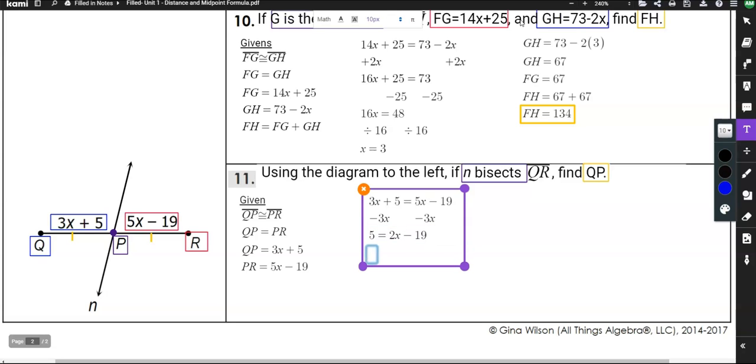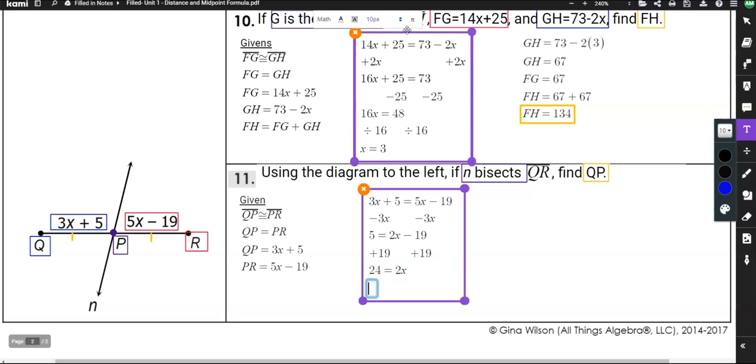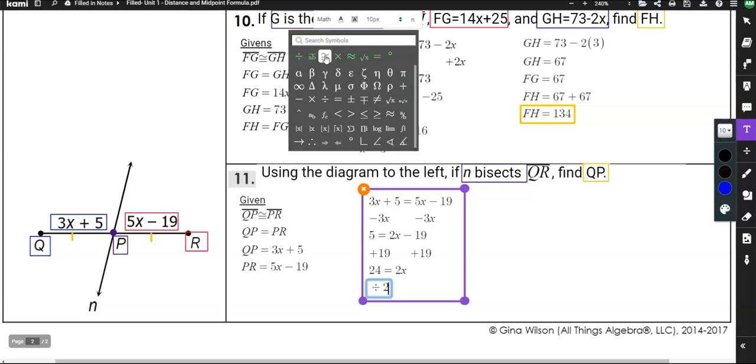I need to move the 19 to the other side of the equation, so I'm going to do that by adding it to both sides. And I am left with a next line of 24 is equal to 2x, which means that x, after we divide by 2, will be 12.